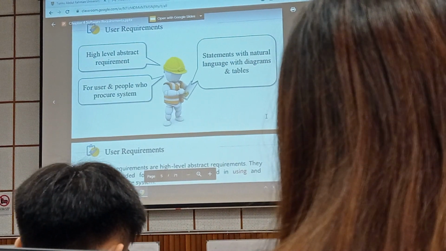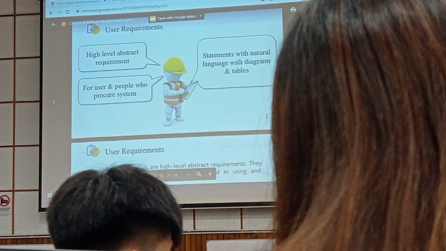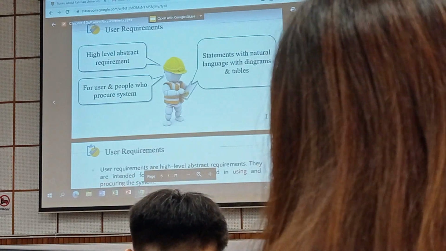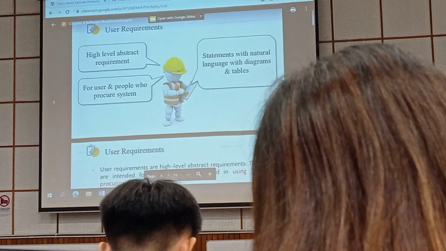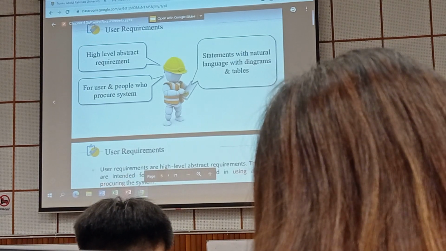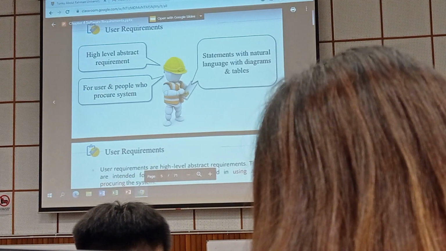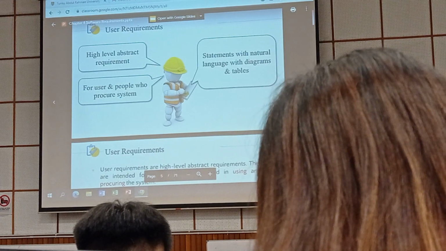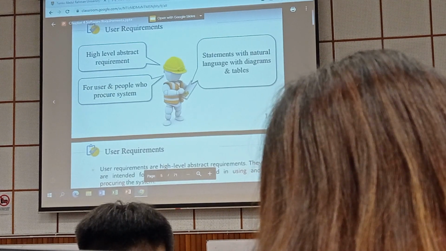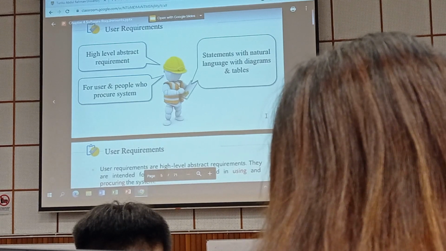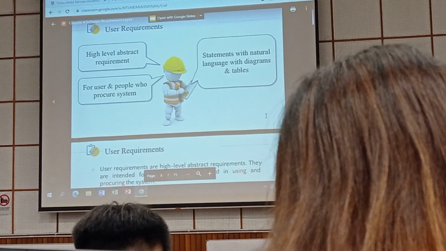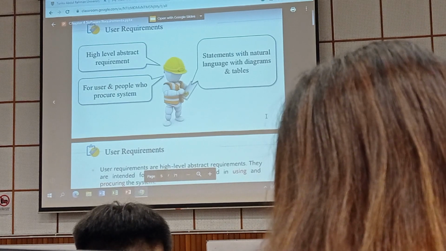User requirements describe what the user expects from the software system. For example, we are developing a software system, so what can the user expect the system to do for me? For example, I'm developing an email system. How can the system help me?